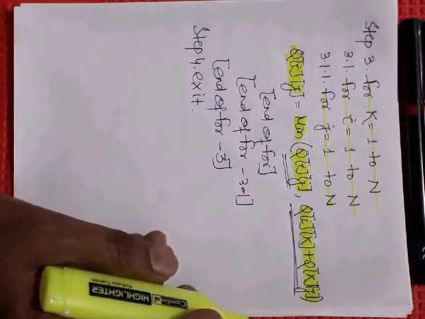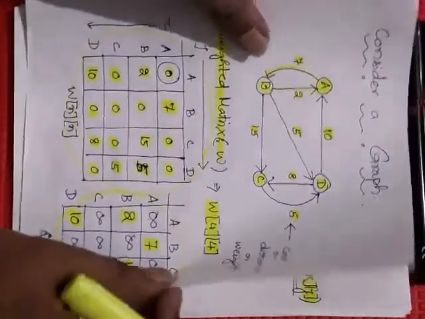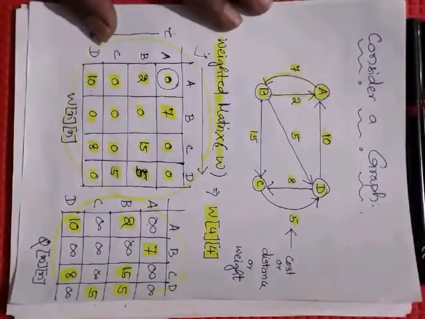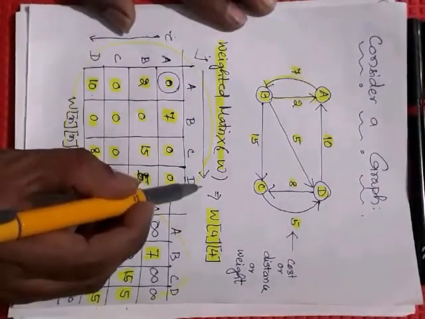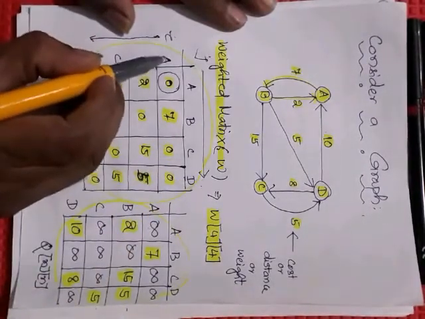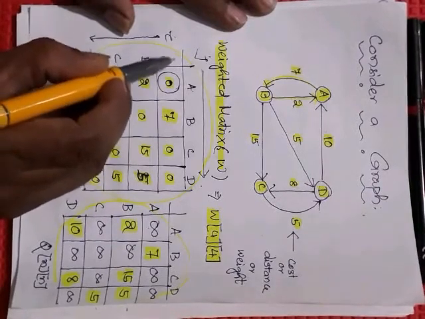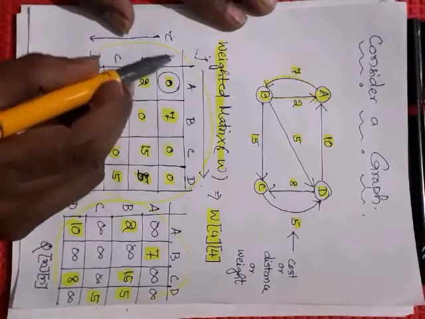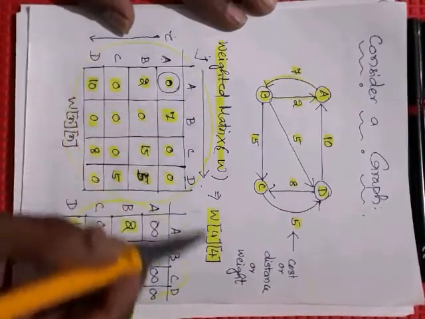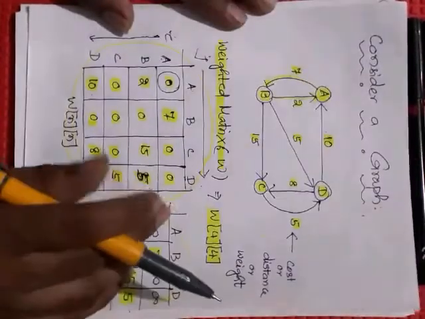So if you see the matrix, i represents the row index, and j represents the column index. Means when i represents a particular node and j represents another node, from source to destination, k represents an intermediate vertex.